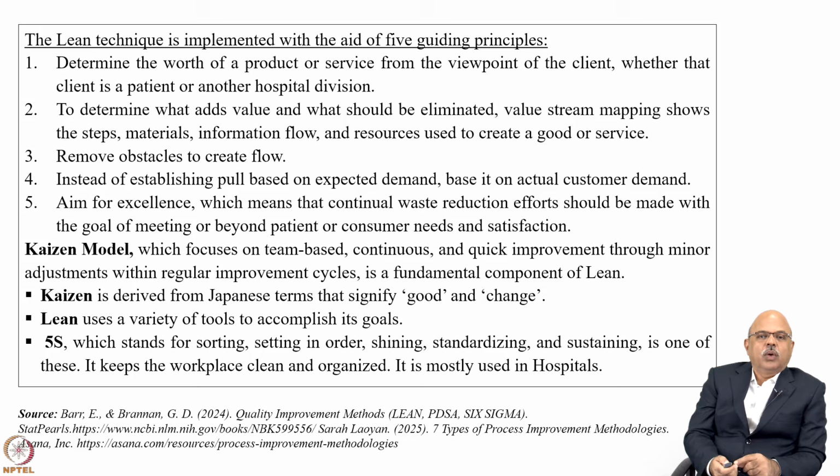It stands for sorting, setting in order, shining, standardizing and sustaining. All this is towards improvement as well as continuous quality. So 5S is gaining a lot of importance in developing the philosophy of lean, helps keep the workplace clean and organized, and is mostly used in hospitals.